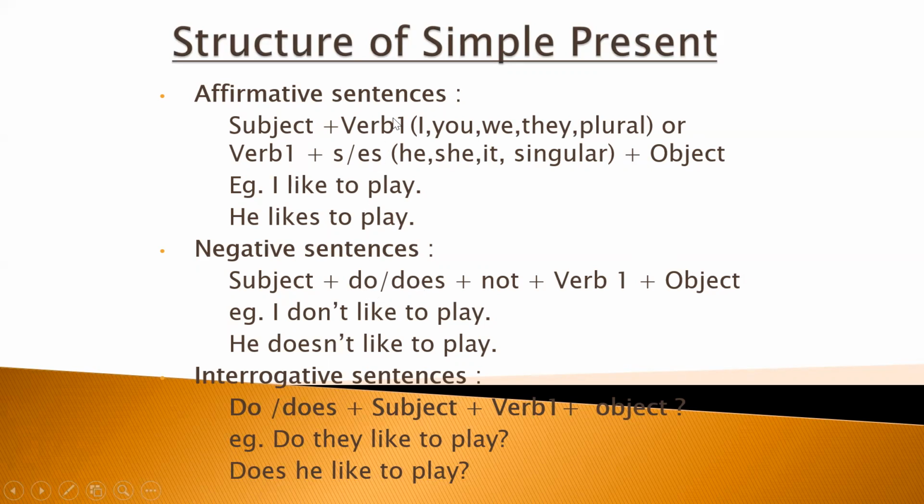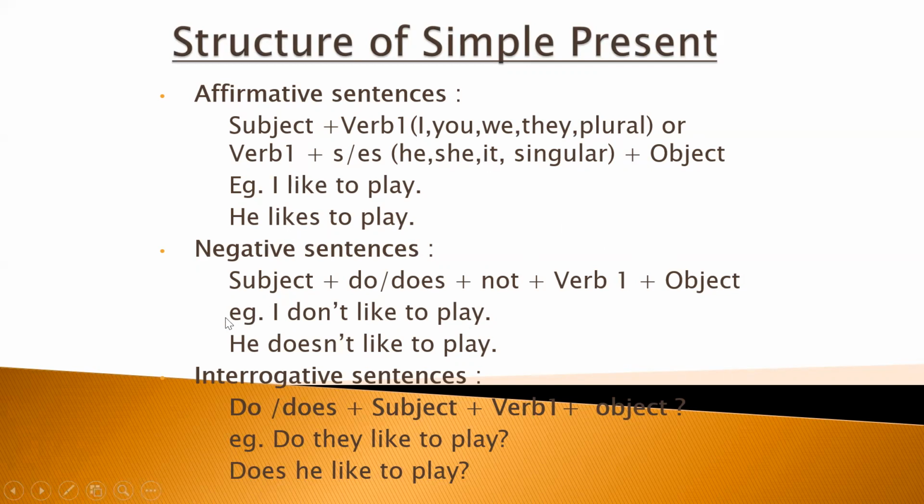In the first case, as we saw, if the subject is I, you, we, they or plural, where we used only the first form of the verb without s or es, in that case we will use do not in negative sentences. And in the second case, where we have taken the subject as he, she, it or any other singular subject, where we added s or es to the verb, in that case we will use does not. So, in that way it will be do not or does not plus the verb's first form and object.